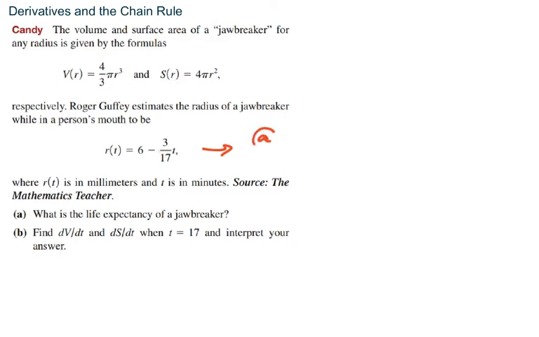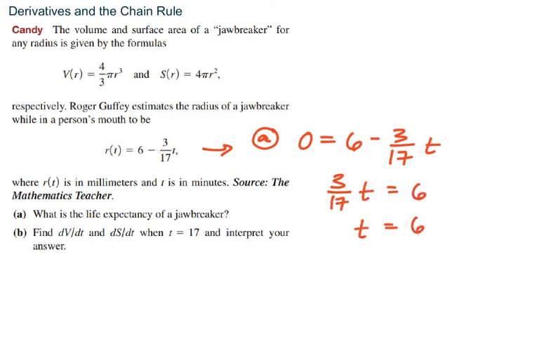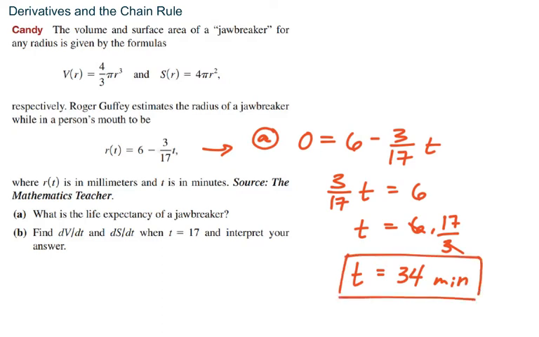So for part A, 0 equals 6 minus 3/17 times t, then 3/17 t equals 6, or t equals 6 times 17/3. We can reduce that, so that's 2 times 17, or t equals 34. Since t is measured in minutes, the Jawbreaker is likely to last for only 34 minutes.